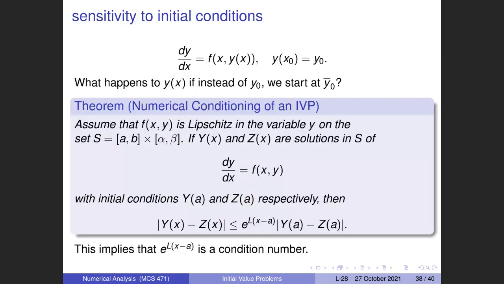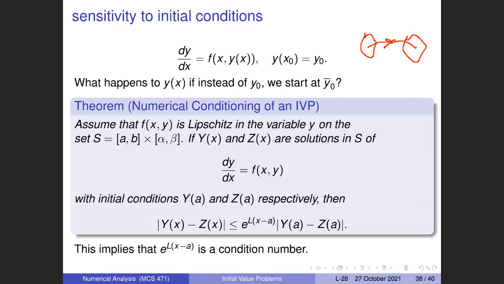Numerical conditioning, remember, I'm going to try to draw it very quickly. We had the conceptual picture with the space of the inputs, one oval at the left, one oval at the right. So we have 2 sets, and then in between we have the solution map.